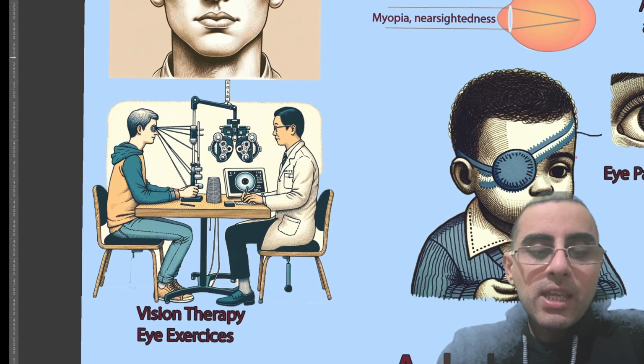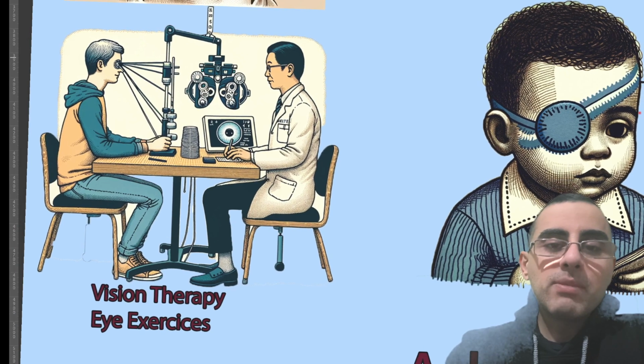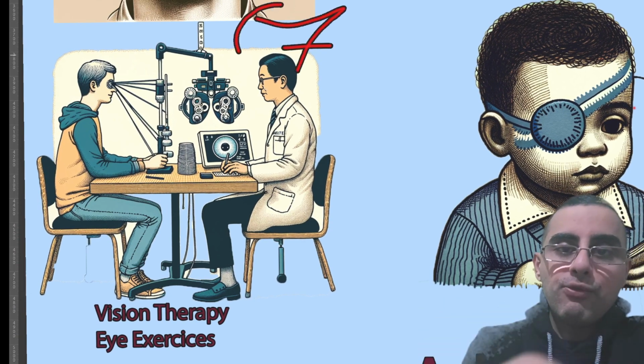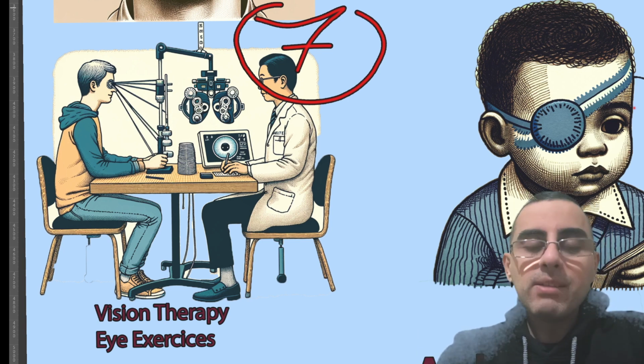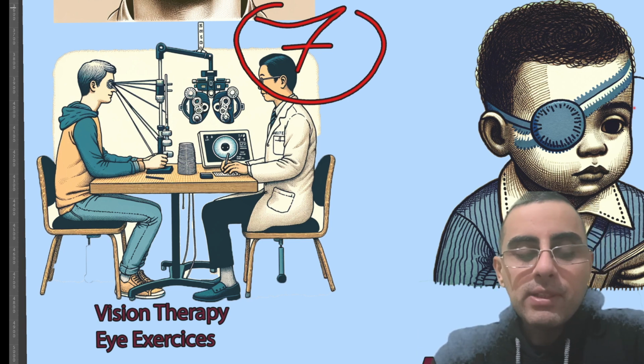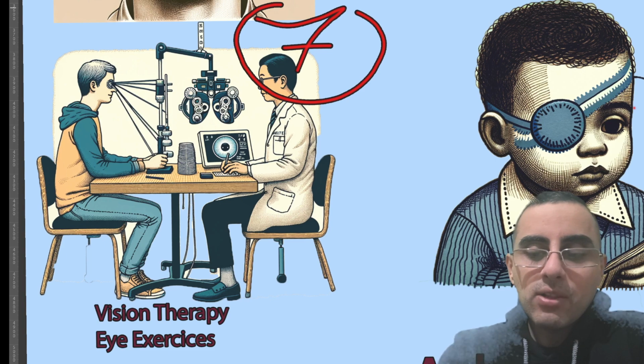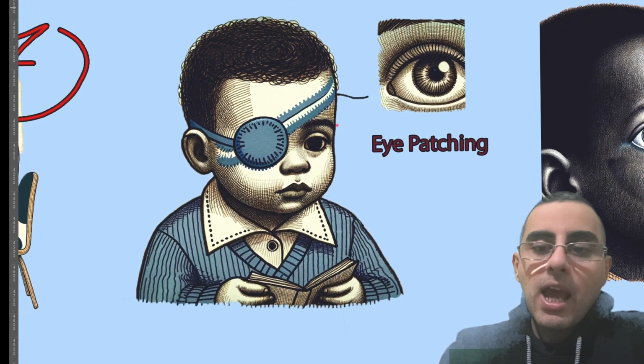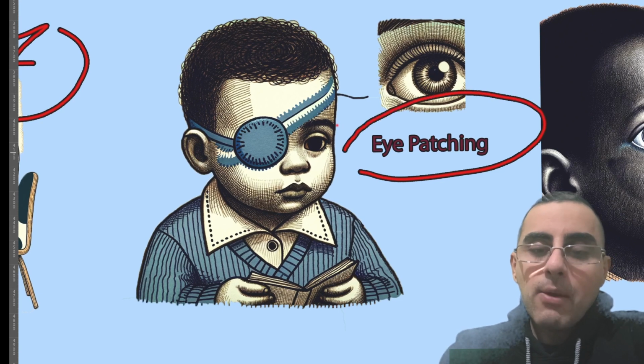Now let's talk about treatment. Treatment is crucial before the age of 7 for a favorable and optimal result. We have different types of treatment methods, and the most important treatment is eye patching or eye covering.